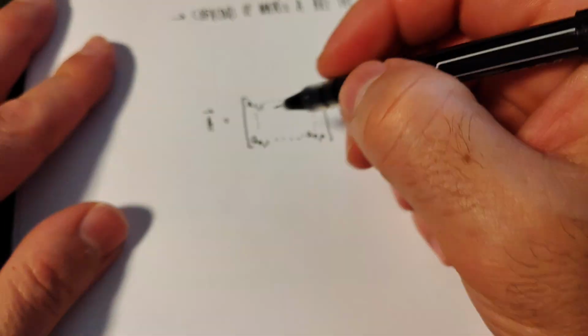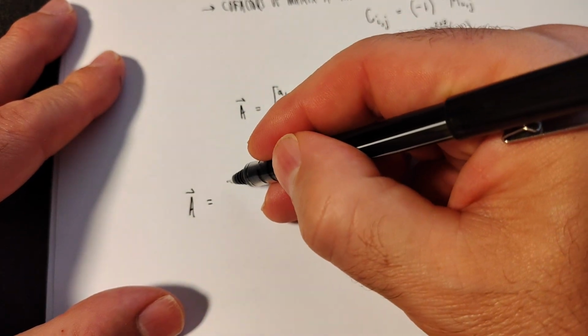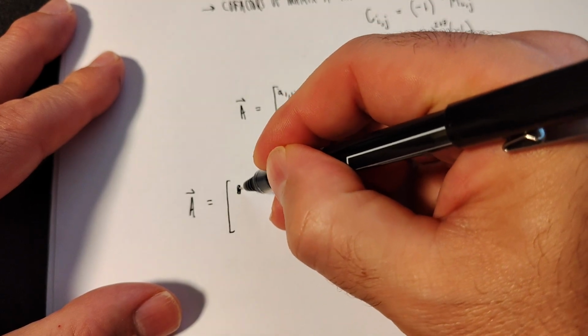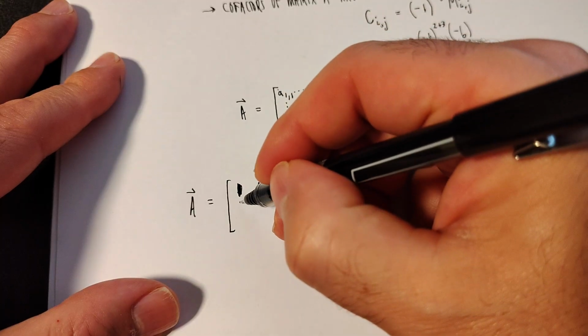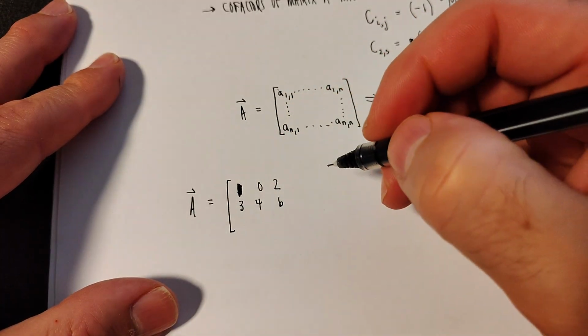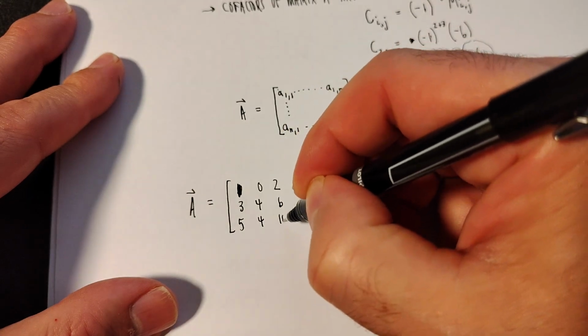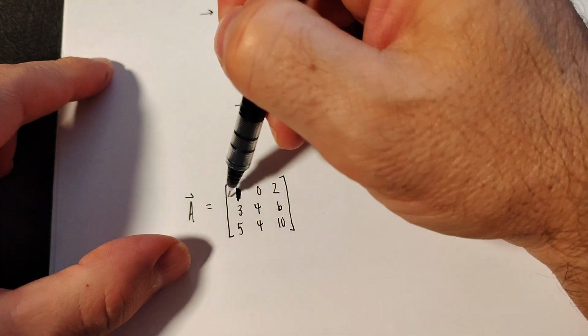So let's say A is actually equal to the following matrix, which is 1, 0, 2, 3, 4, 6, and 5, 4, 10. All right. So let's choose row 1. So I'm going to go across row 1.